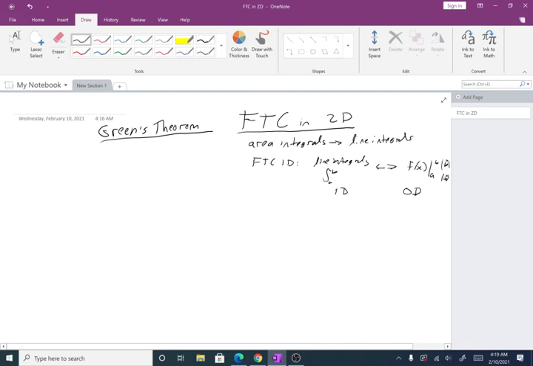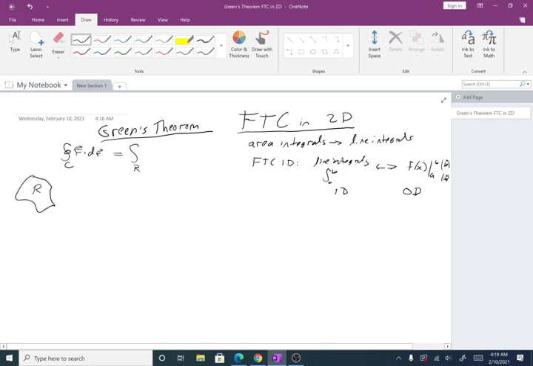Now, let me just state what Green's theorem actually is. It says that if you have an integral over a closed curve, and it's your vector field, then this is actually the same thing as the integral over the area and region enclosed by that curve.